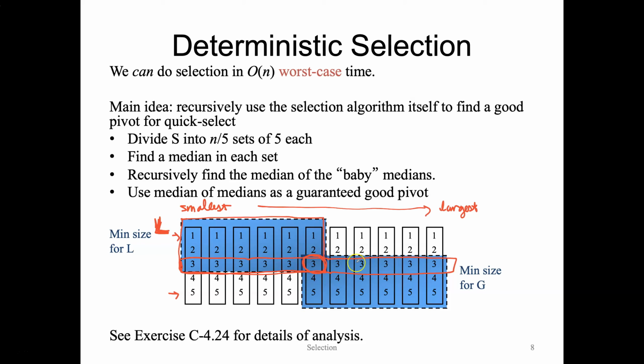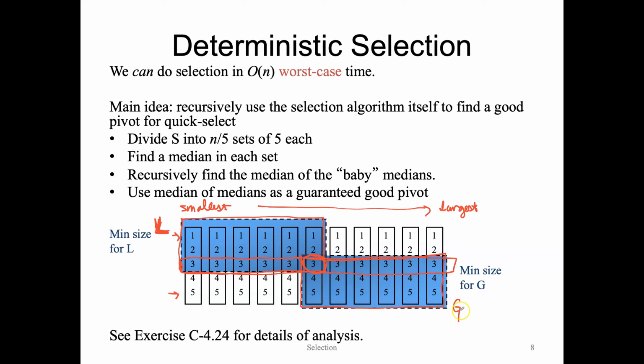And in each of the remaining sequences to the right, these values are greater than this median, which is greater than our pivot. So we've got everything on the right here. This will be at least, in our side, the number of elements in G, which is greater than our pivot.